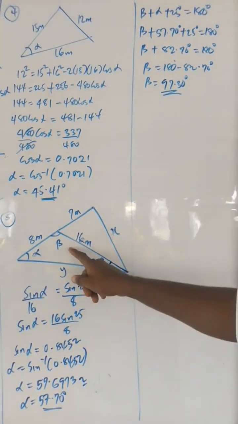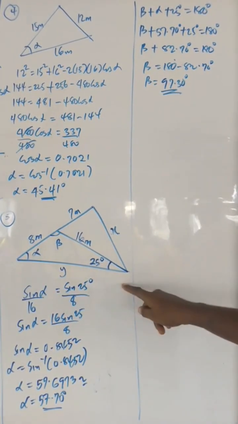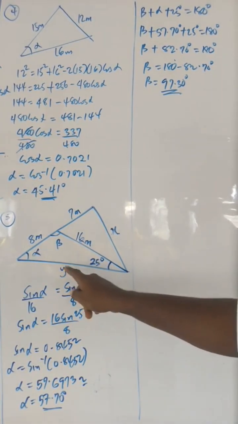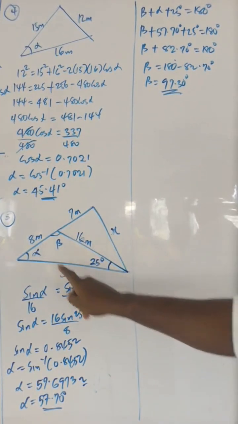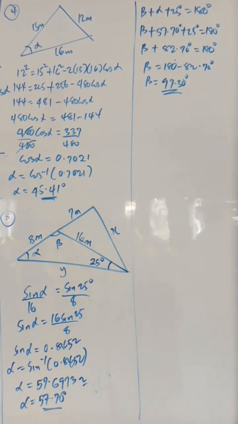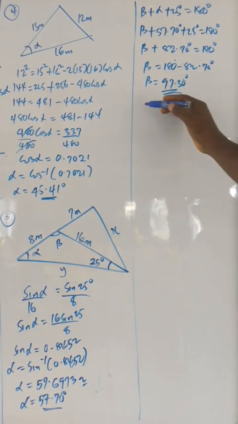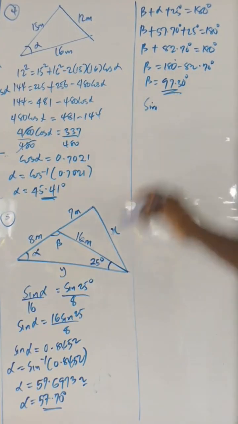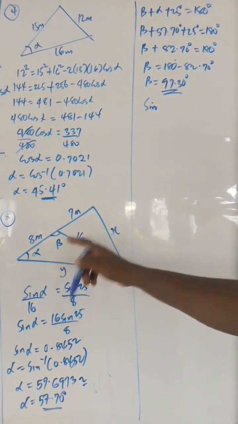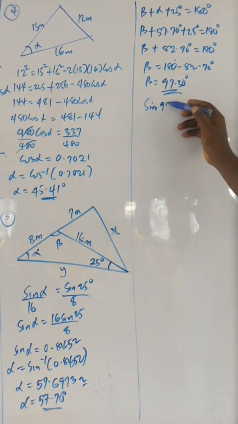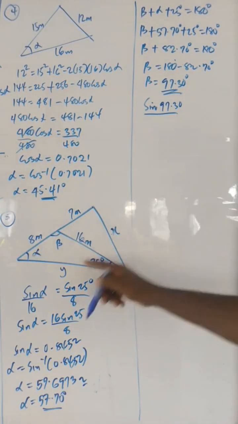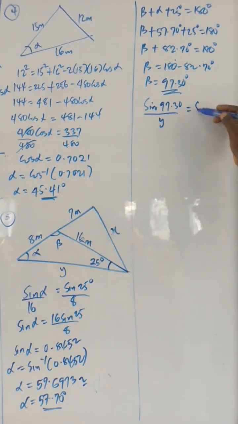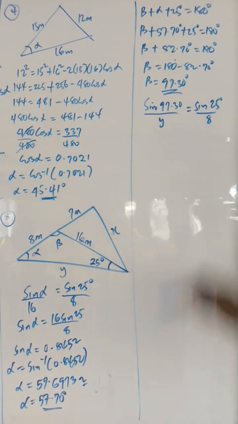So we've gotten beta. So the next is for us to get y, because we already know the angle facing y. Then we have this. So using sine rule again, we can say sine beta, which is 97.30, over y equals to sine 25 over 8.